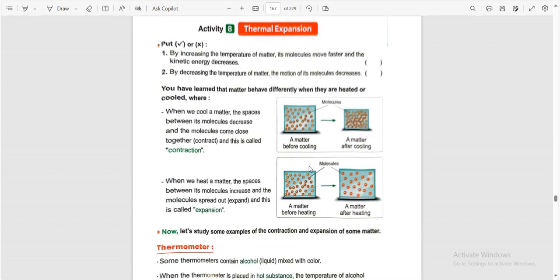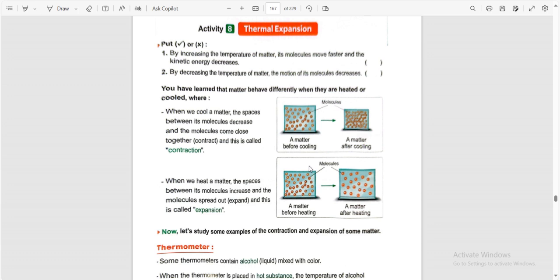Another very important thing we need to talk about is something called thermal expansion. Remember when we were talking about muscles, right? And we know that muscles contract and expand. So what is the meaning of expand or expansion? For something to expand, this means that this object or this thing increases its size.